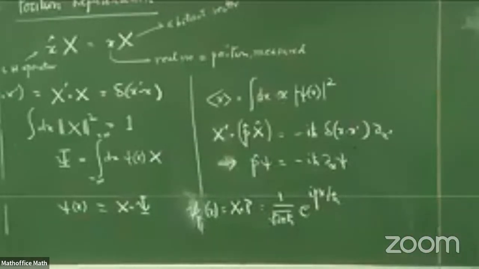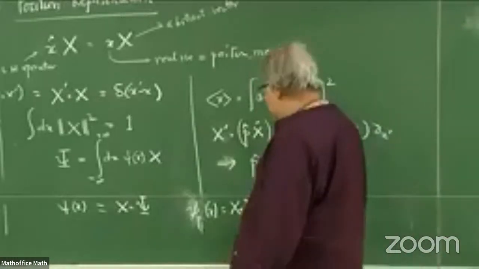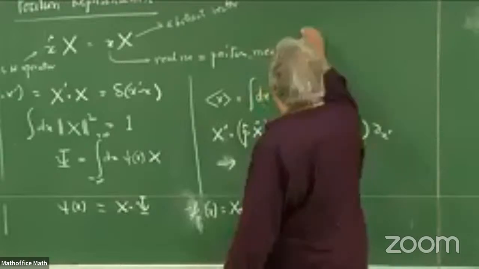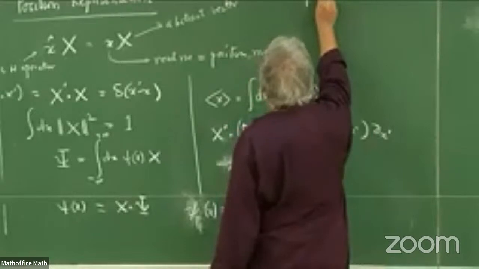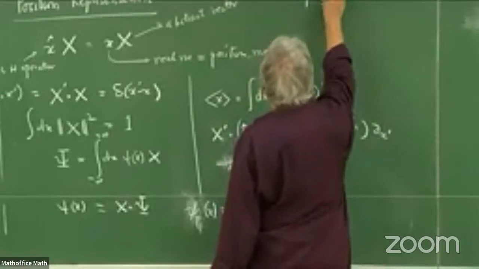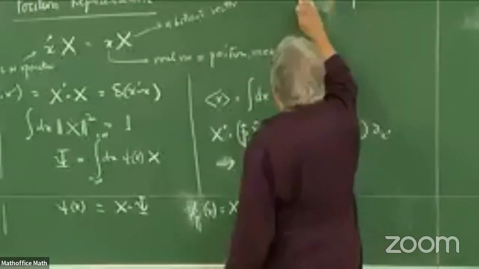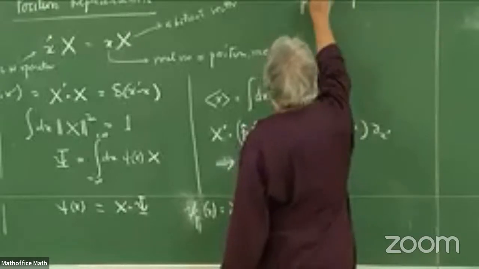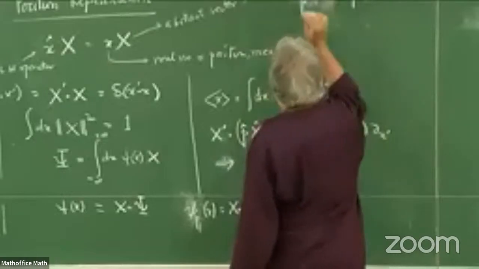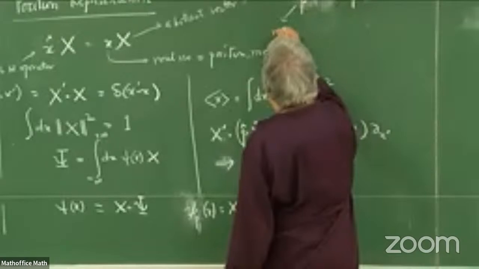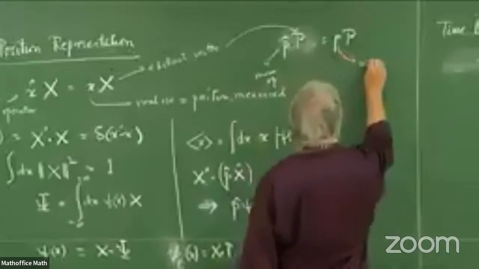So basically the overlap of a position eigenstate with the state. The small p operator acts on the big P. If this is an abstract vector, then p is the momentum operator, and this is the momentum vector.